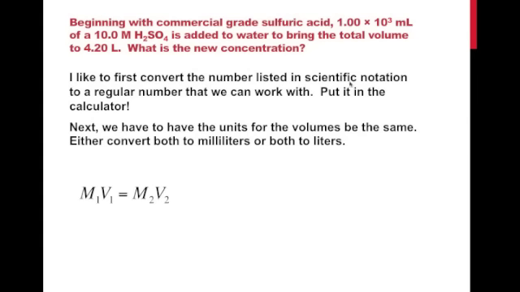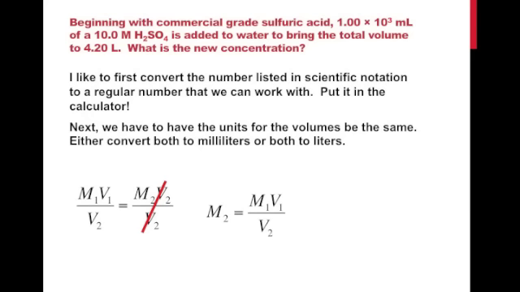I'm looking for the new concentration, so I'm looking for the new M2. So I'm going to get M2 by itself. I'm going to divide by V, cancel that out, rewrite my formula, and now I'm going to plug in numbers. Here was my concentration, and here was my original volume, 1 liter. And then down here is the 4.2 liters, and that gives me 2.38 molar.